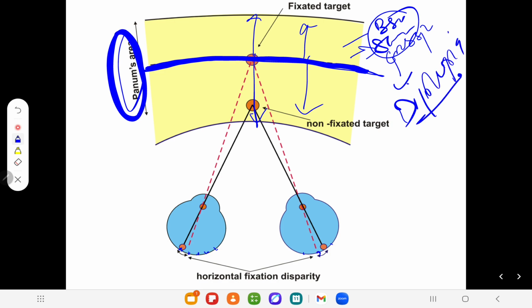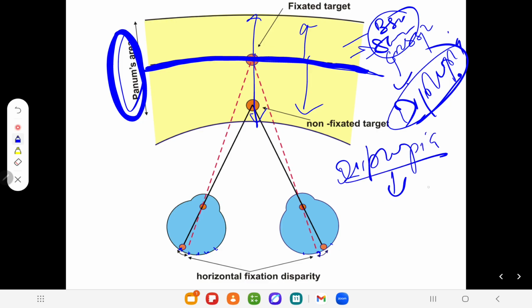There is very little difference between diplopia and stereopsis. Diplopia and stereopsis have one thing in common: they both stimulate non-corresponding points. Whether it's diplopia or stereopsis.